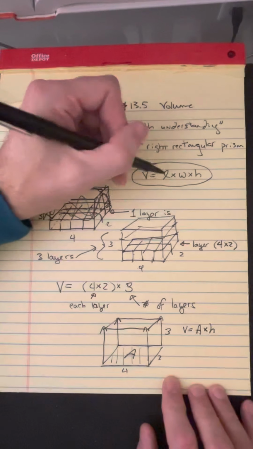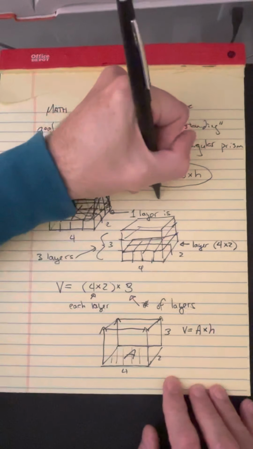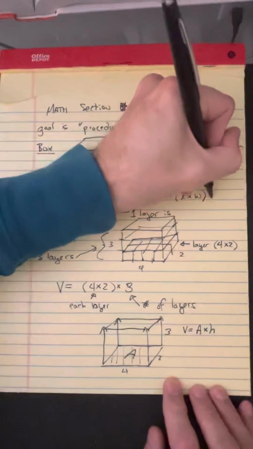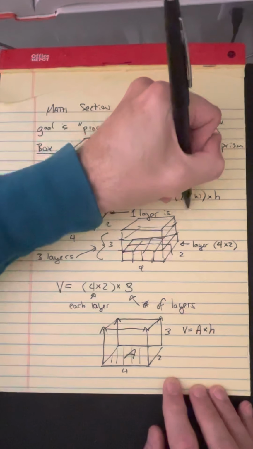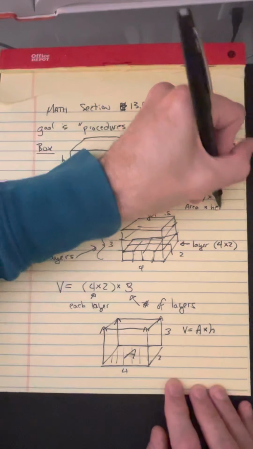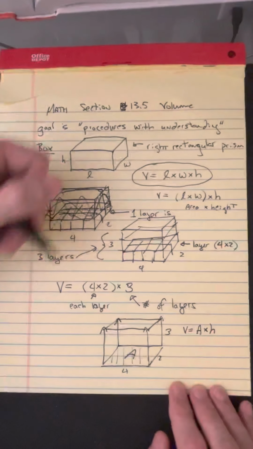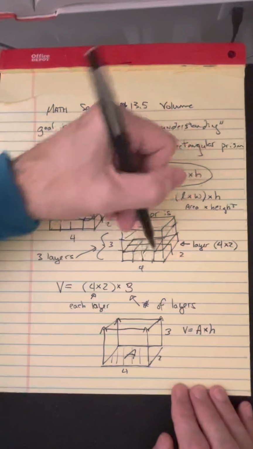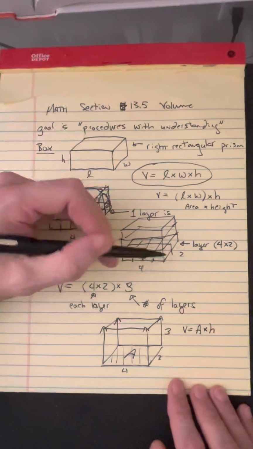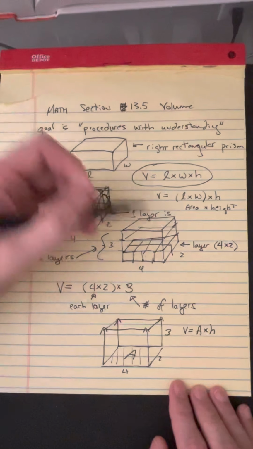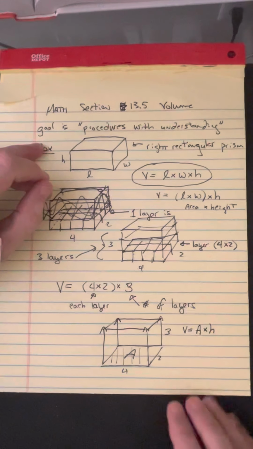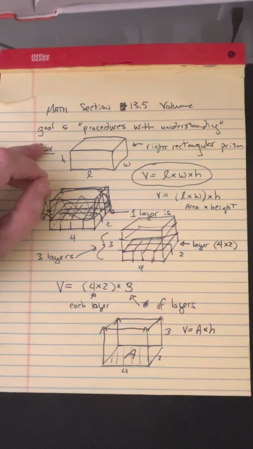So this formula up here, the way to think about it is with parentheses: area times height. The volume of the box is the area of the base times the height. And you can think of that in terms of layering 1 by 1, or in terms of pushing an area through a distance.